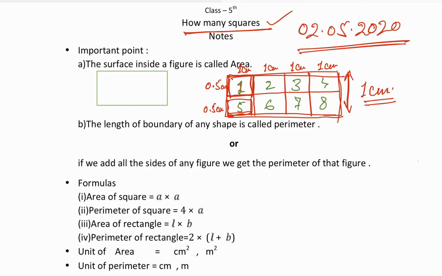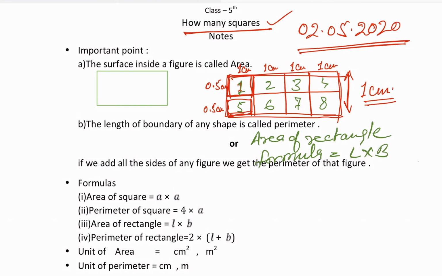You have to calculate the area of the rectangle. Formula: length into breadth.